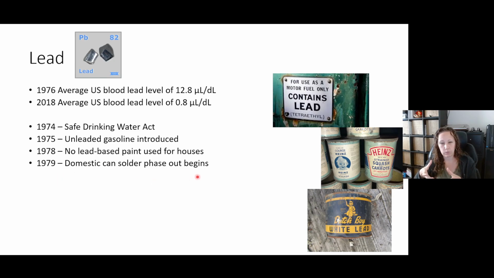So cans, they weren't made of lead, so food cans weren't made of lead, but the solder that made the top of the can stick to the main part of the can, where the bottom and the main part came together, was solder, and that was originally made of lead. And so there's constantly lead leaching into foods from canned foods.